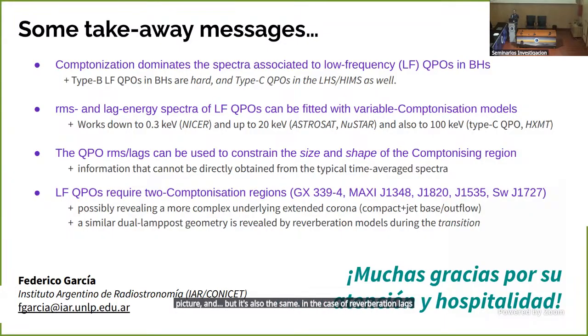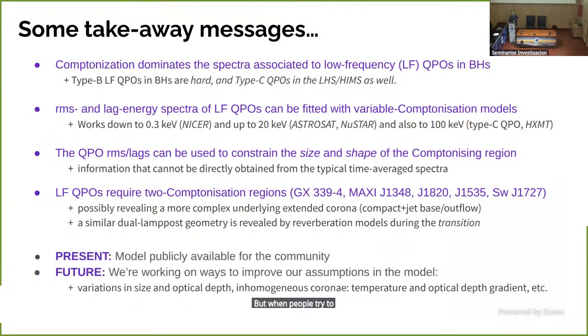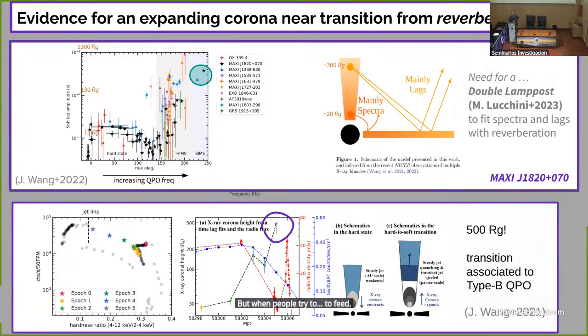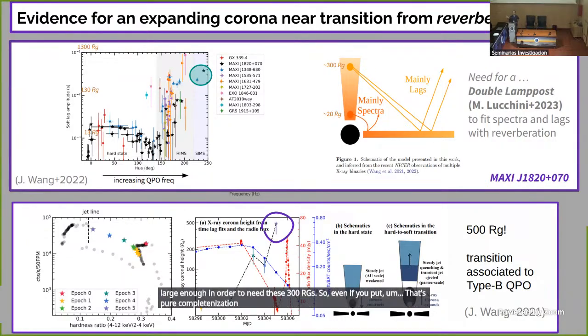Because there we are talking about hard lags only. But when people try to fit these kinds of models or of echoes, this means that in the data you are finding soft lags, and those soft lags are also large enough to need these 300 Rg. So even if you put just pure Comptonization and you fit it to the QPOs, this is what we do.